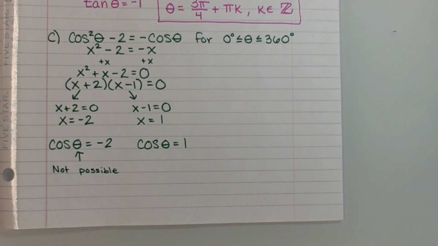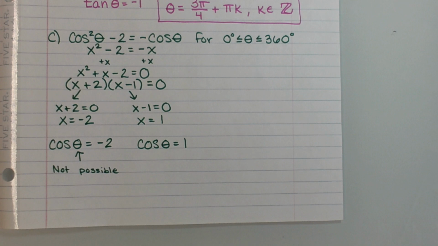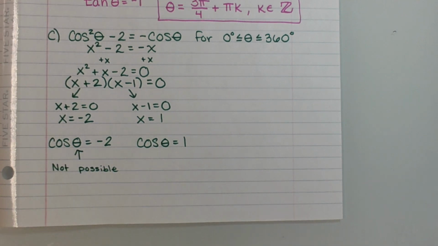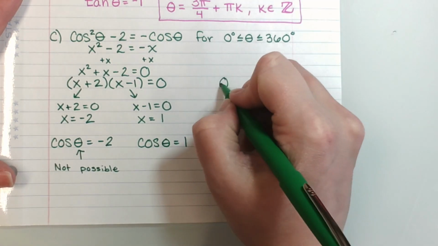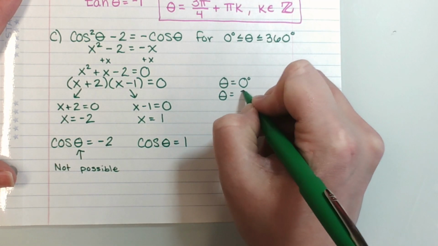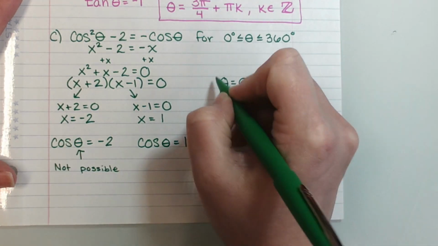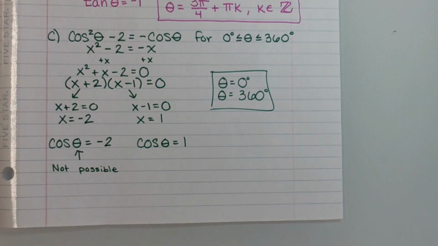Cosine's amplitude is 1. Highest it goes is 1 and negative 1. Malia, where is cosine equal to 1? 0 and 360 degrees. And be careful not to miss one of those when the range is that.